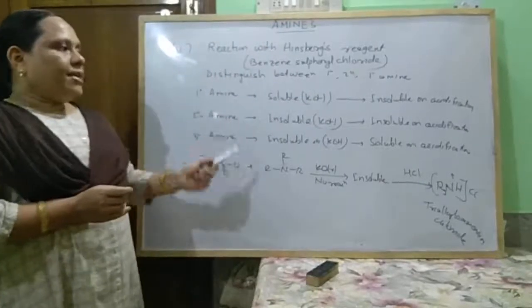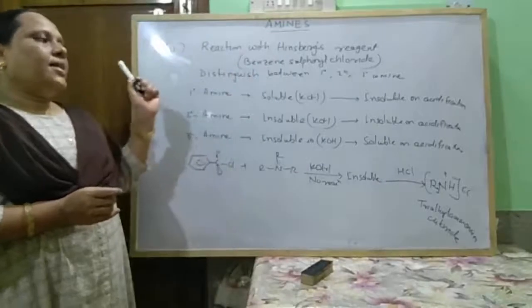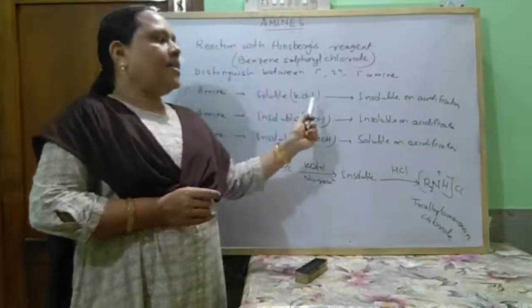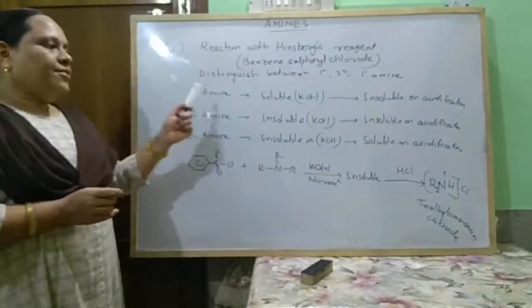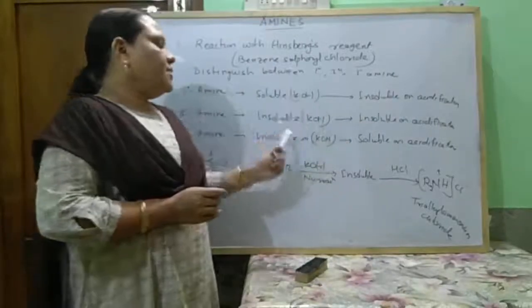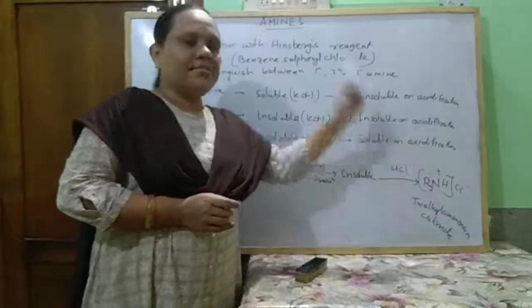So primary amine forms N-alkyl benzene sulfonamide, which is soluble in alkaline medium, insoluble in acid medium. Secondary amine forms N,N-dialkyl benzene sulfonamide, which is insoluble in potassium hydroxide as well as in acid medium.